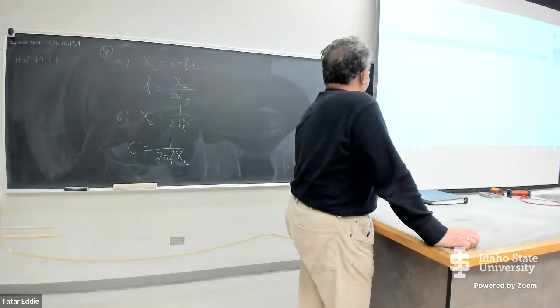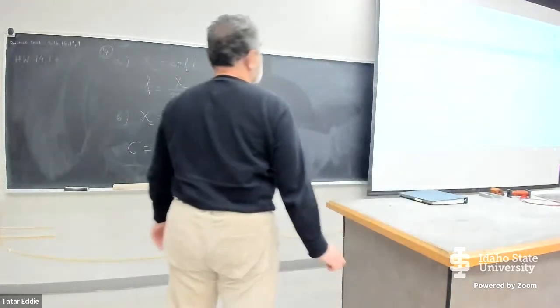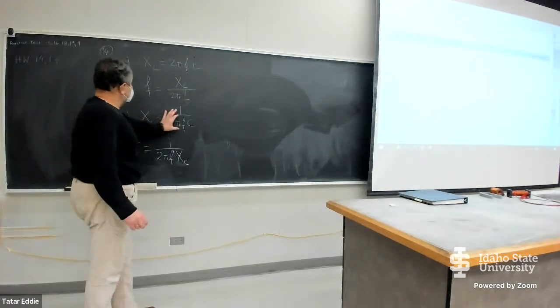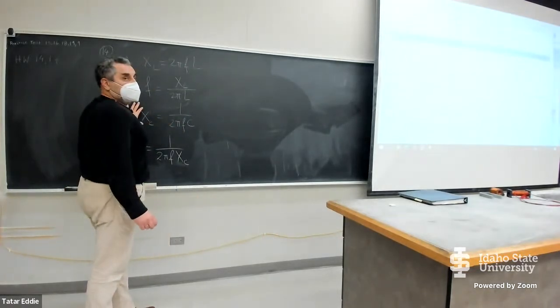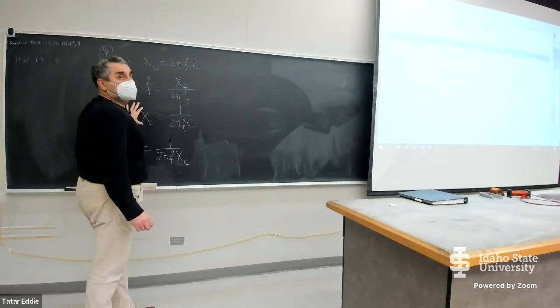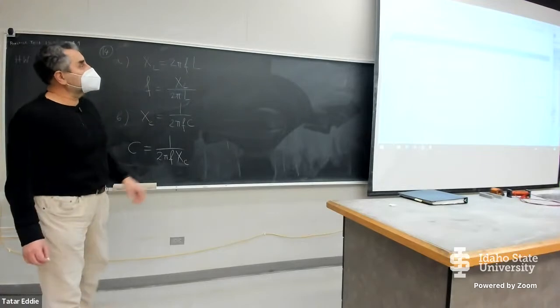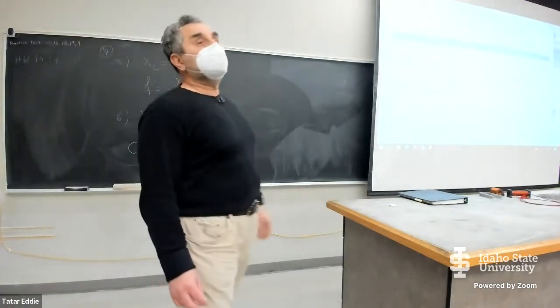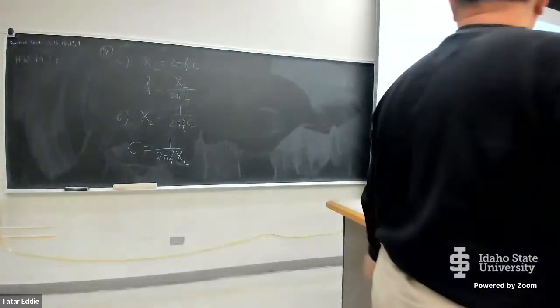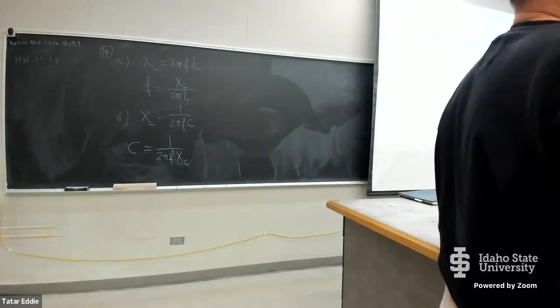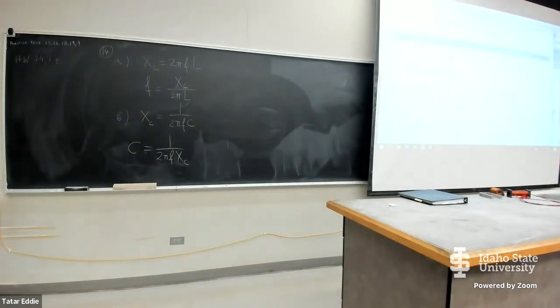And the new reactance of the capacitor, if you triple the frequency, the capacitive reactance is going to drop by a factor of 3. In other words, instead of 2.1, it is going to be 0.7 kilo ohms. This is not a difficult question, but this is exercise about what is reactance and what is frequency and everything else.